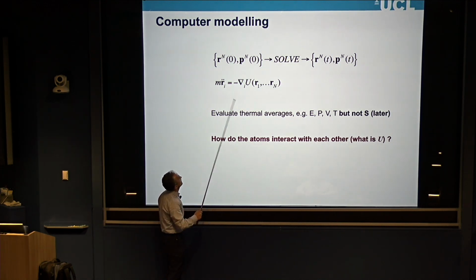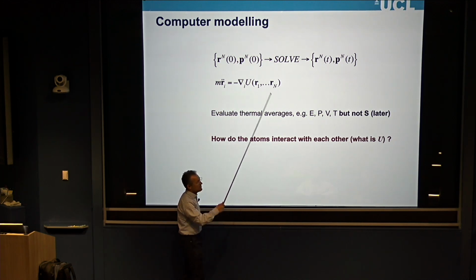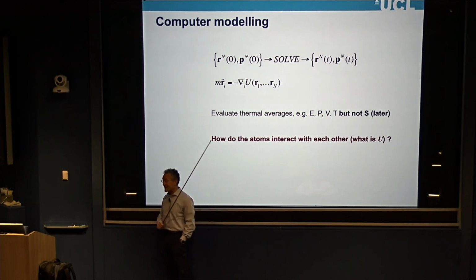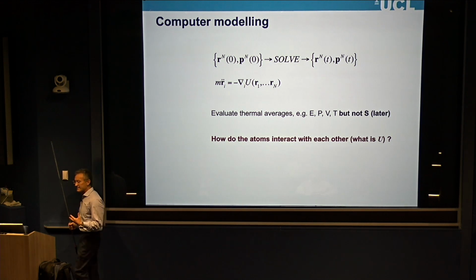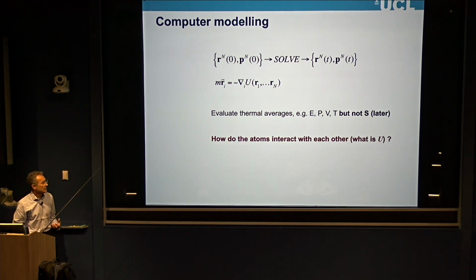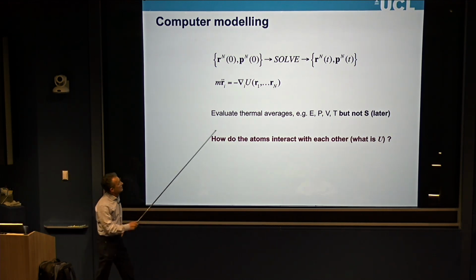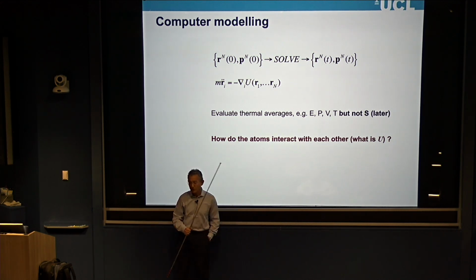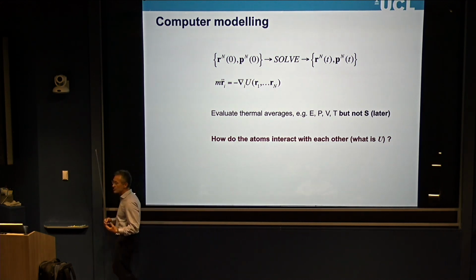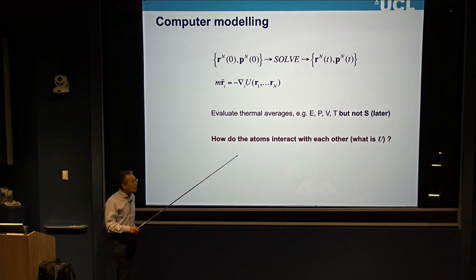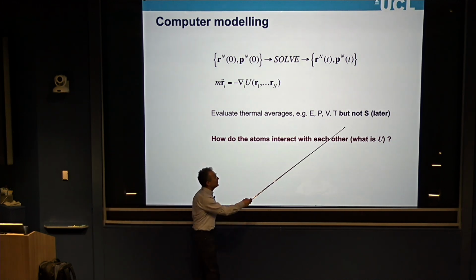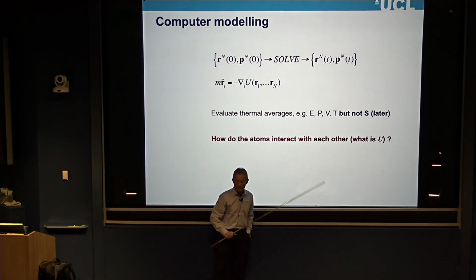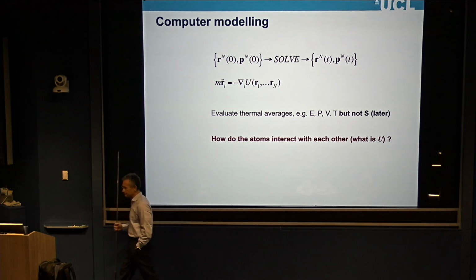By solving this equation in time, you can sample a relevant ensemble, and with that you can calculate these thermodynamic quantities. Quantities like the internal energy, pressure, volume, and temperature are straightforward to evaluate. They are thermal averages. The entropy is not. The entropy is a bit more difficult to calculate, and we shall come back to that in a minute to see how we do that.